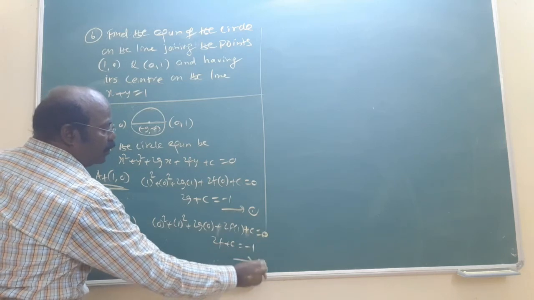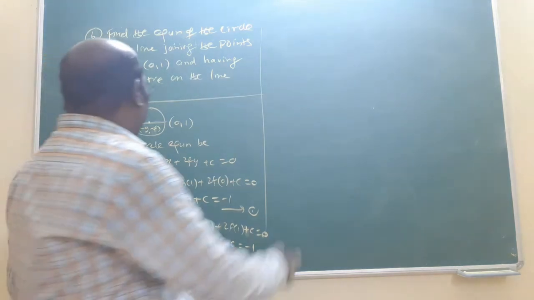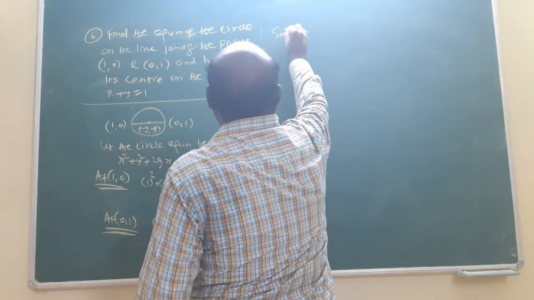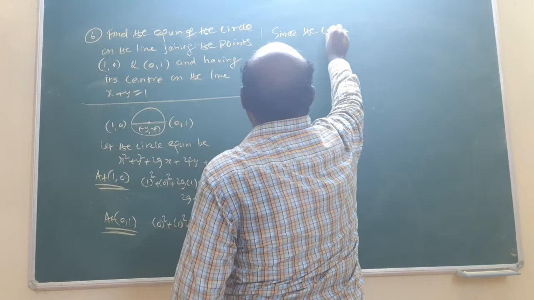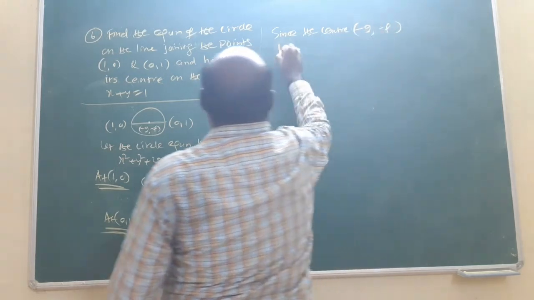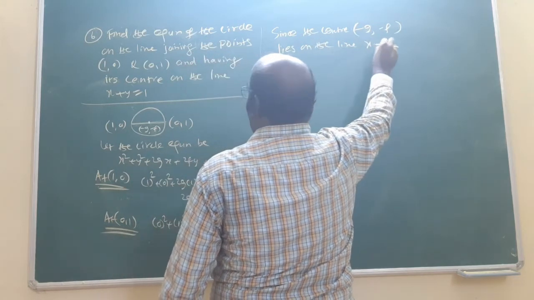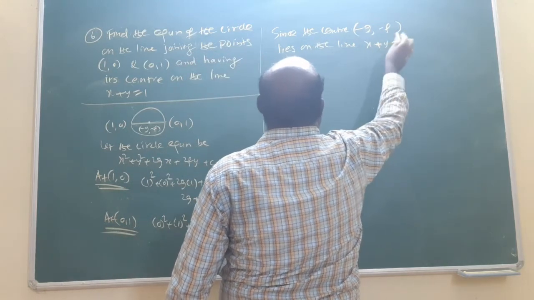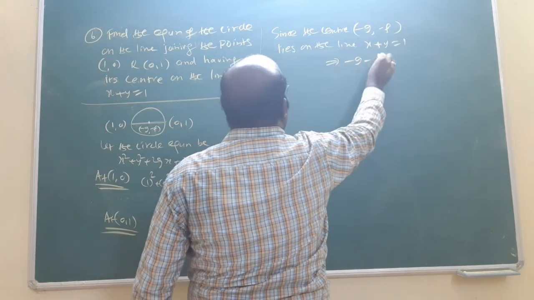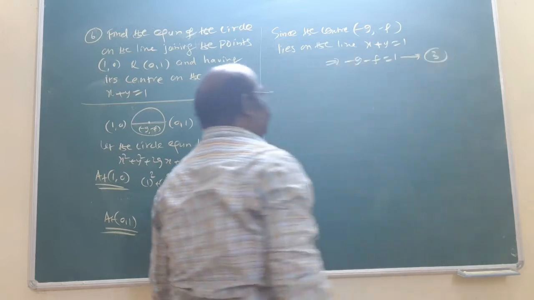This is the second equation. Now the third one: since the center, minus g, minus f, lies on the line x plus y equal to 1, that means minus g minus f equal to 1. This is the third equation.